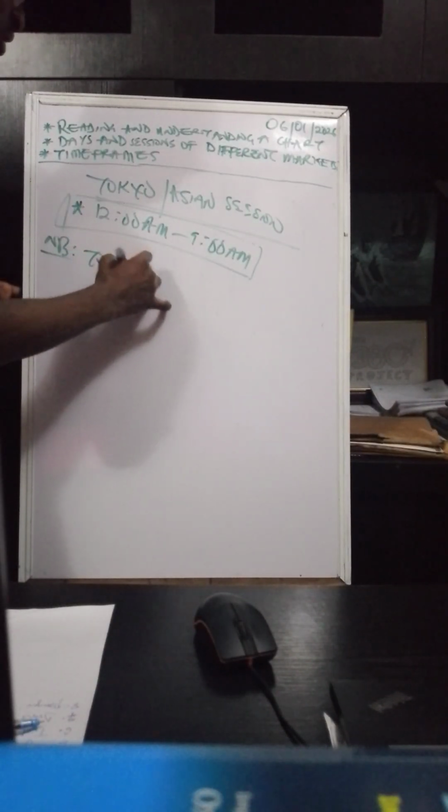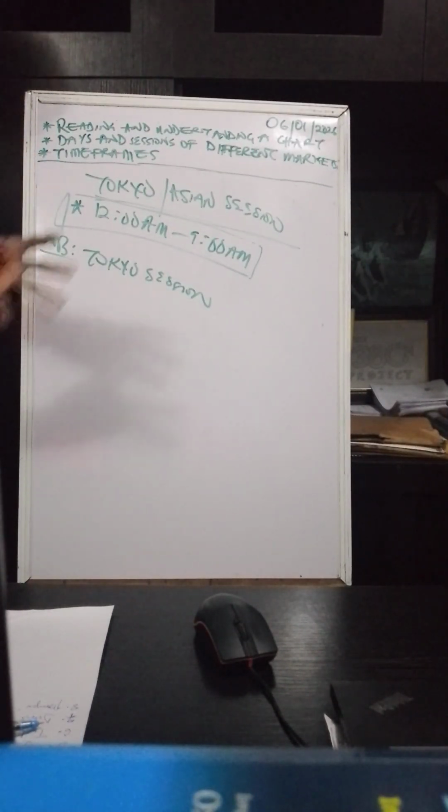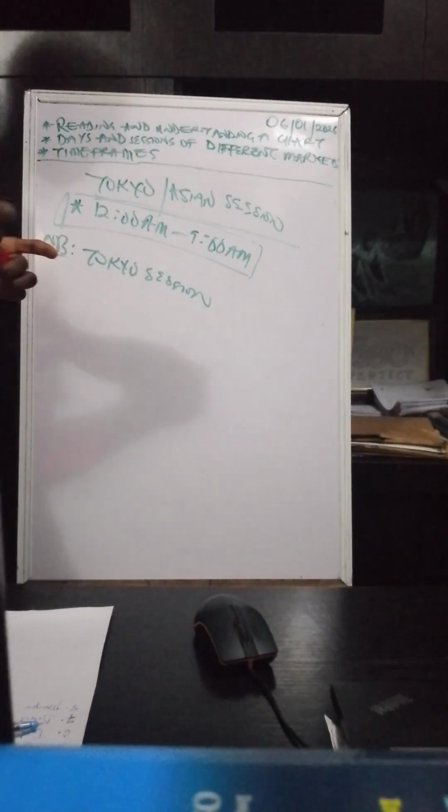So now note that the Tokyo or Asian session would not be called average volatility. It has been called a low volatility time. Nobody wants to trade Asian session. Why? Because there is not enough volatility. But now, note this very well and keep this in your head, this is something that you would need very much.